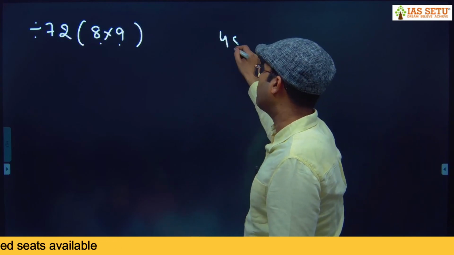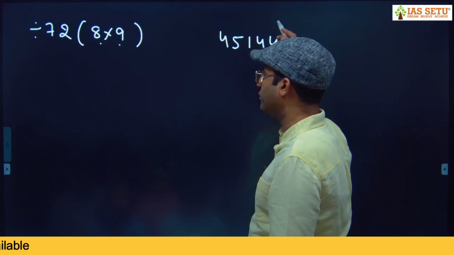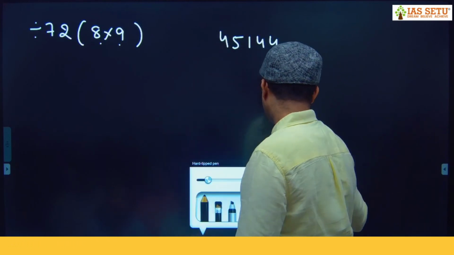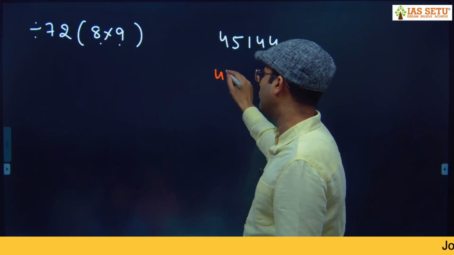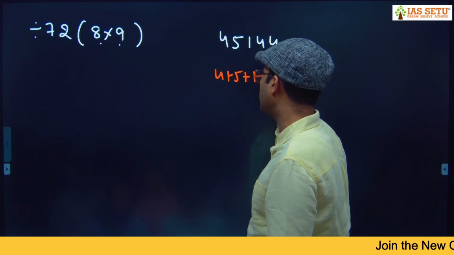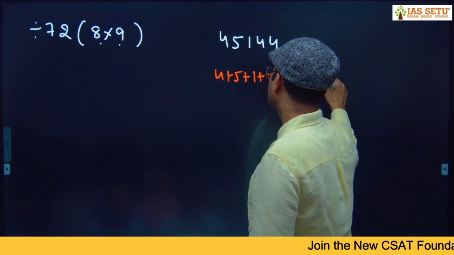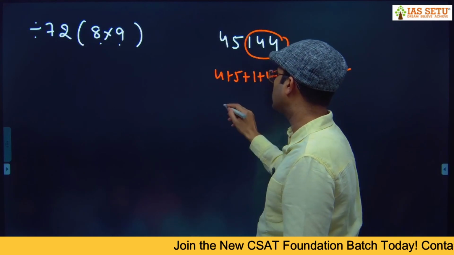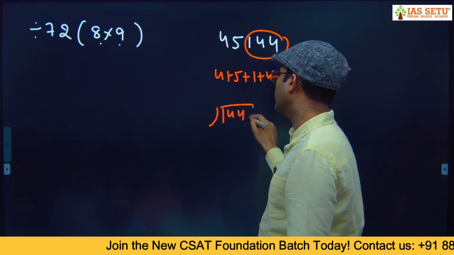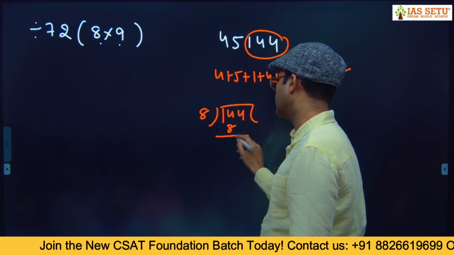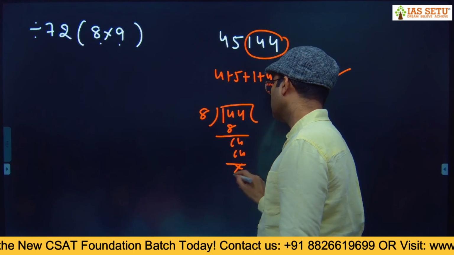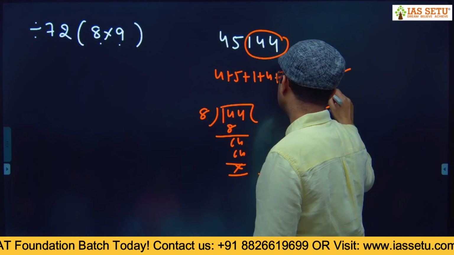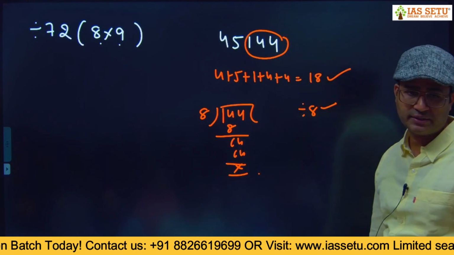Like 45,144. Here I first check divisibility of 9. 4 plus 5 is 9, 10, 14, 18. So it is divisible by 9. Second thing is the last three digits. Here it is divisible by 8. Yes. So it is divisible by 9 and by 8.